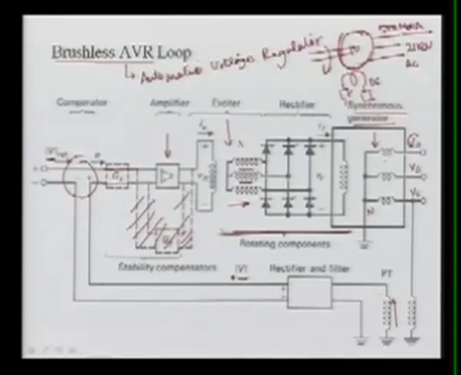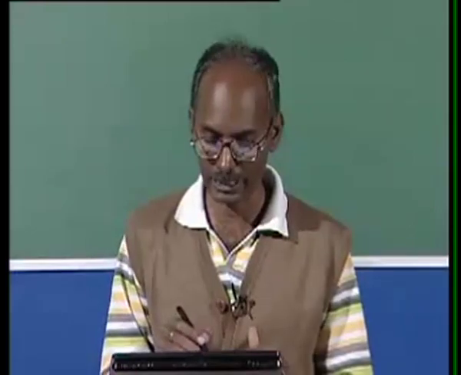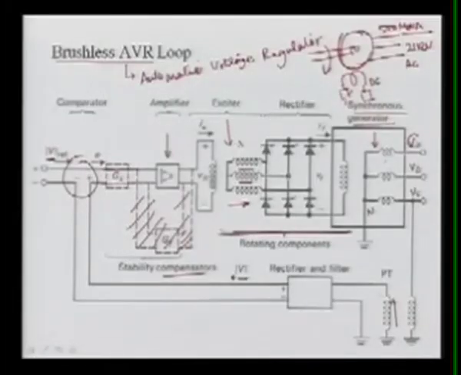Here also some rotating part is involved. For the amplifier, we require some gain to amplify, and that gain is sometimes very critical, and then we have to decide what the gain should be. We will see the stability and accuracy criteria are conflicting, and then we have to go for some compensating mechanism, and here maybe series compensation or feedback compensation is required.